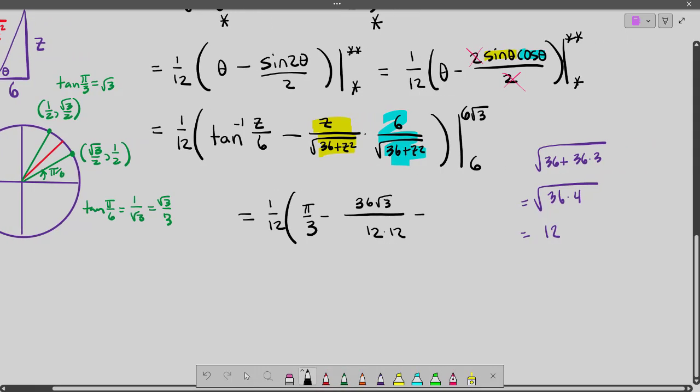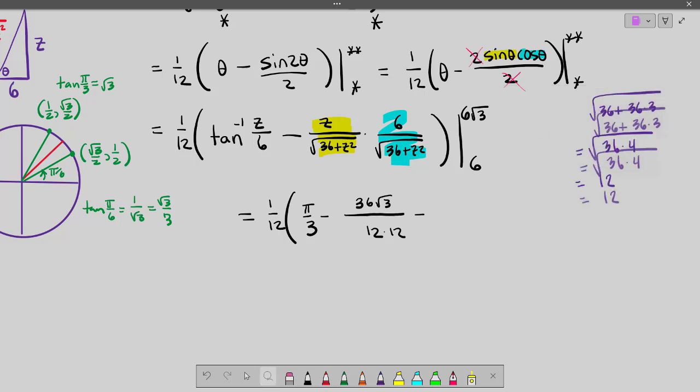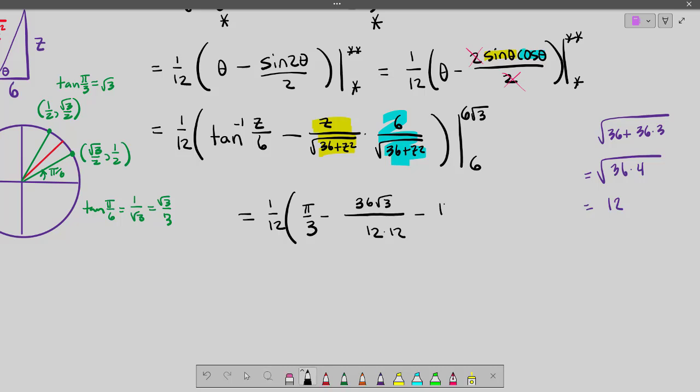the evaluation of the antiderivative at the lower limit. Plugging in a 6, arctan of 1, angle on the right with a tangent of 1, pi over 4. And then minus a minus is plus.